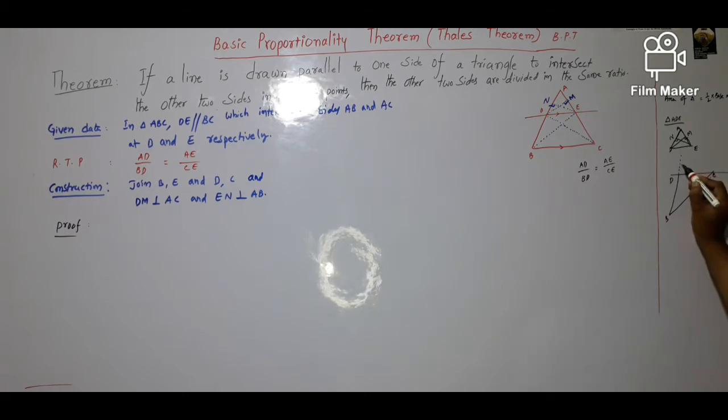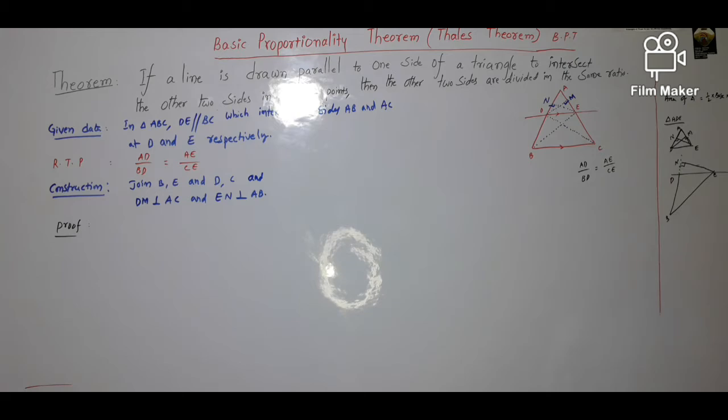Perpendicular line means 90 degrees. So this is the height. So EN is the height, base is BD. This is clear.